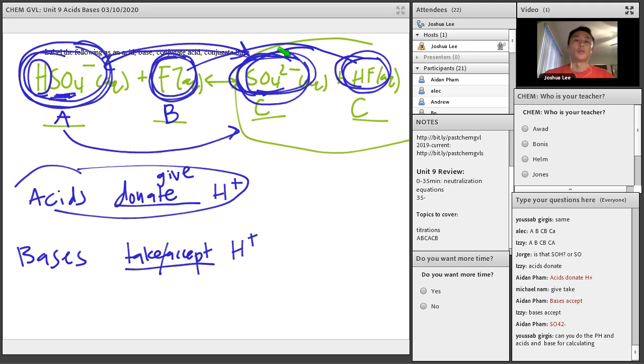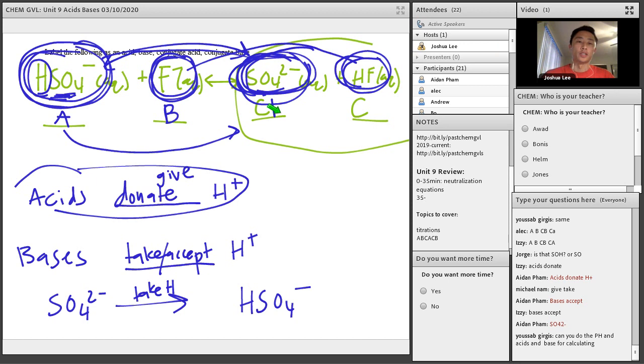To do that, it had to take an H. So that means this acted like our conjugate base. And on the flip side, in order for HF to turn into F minus, it gave an H, making this our conjugate acid.